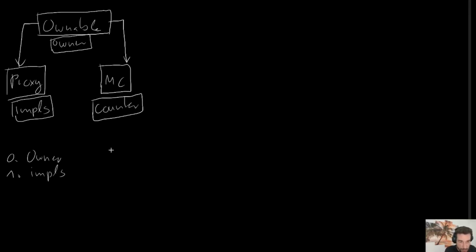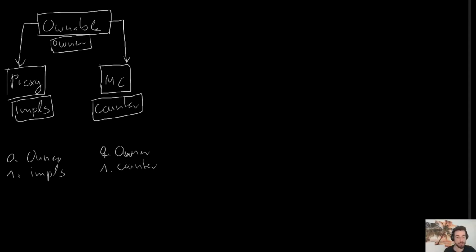And for the master copy contract, when you compile it, the slot at index 0 is again the owner, but the slot at index 1 is the counter. So isn't that a storage clash?